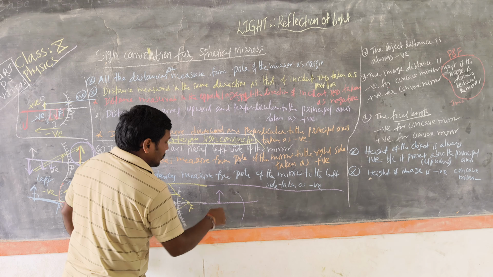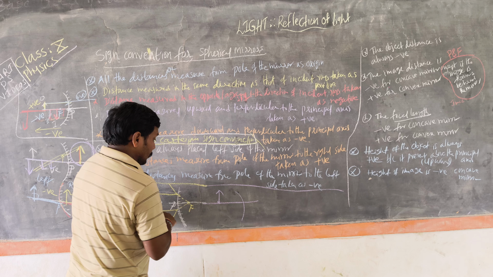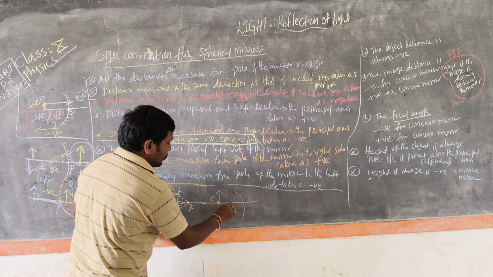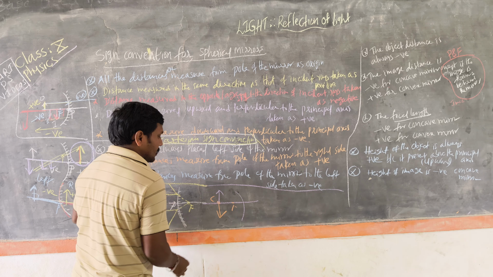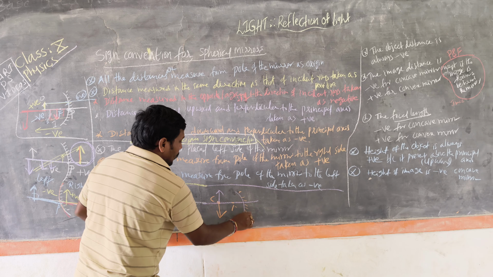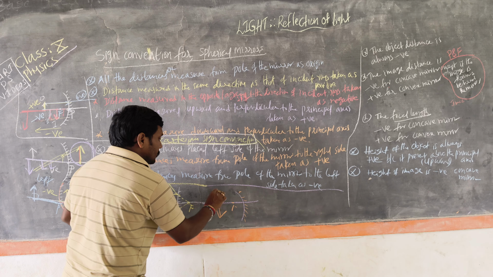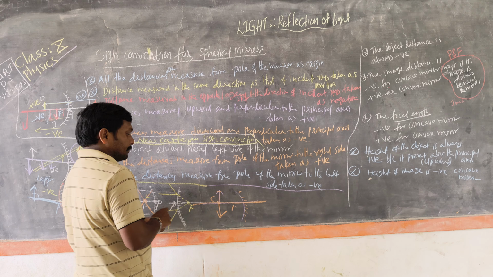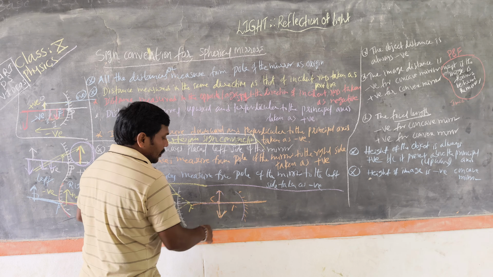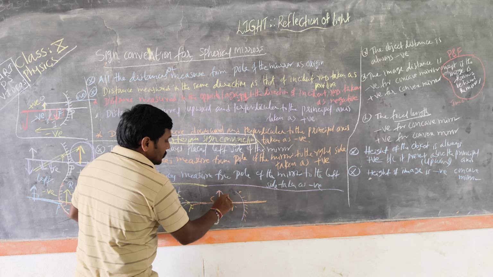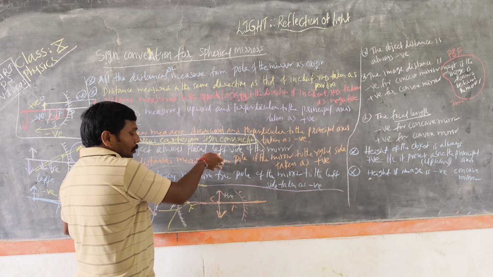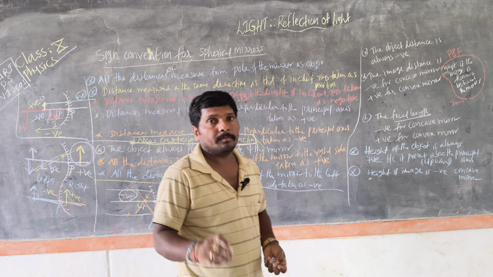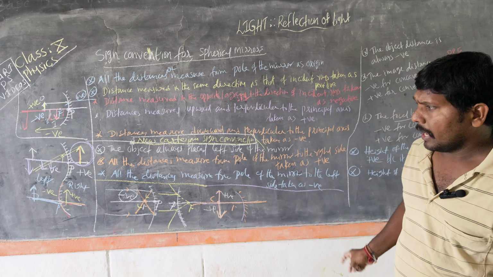If here is the object, then the image is formed at the center of curvature in front of the concave mirror. So the object is above the principal axis and the image is below the principal axis. The object height is positive because it is above, and the image height is negative because it is below the principal axis.